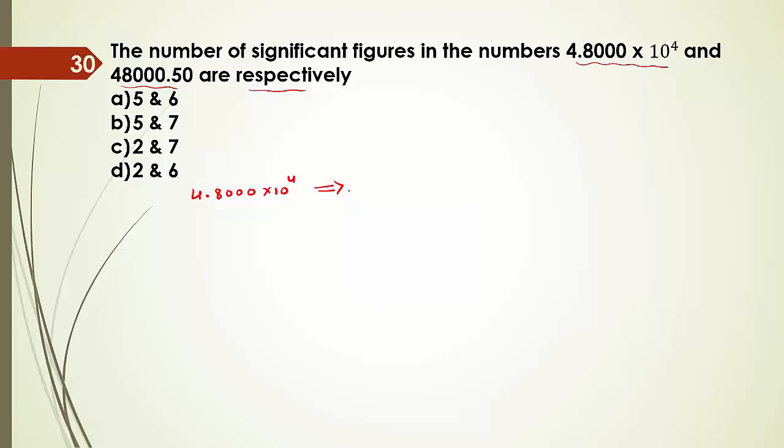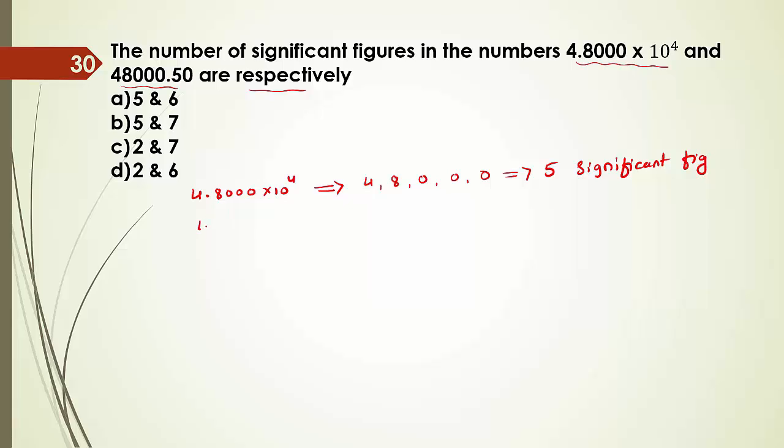Leave it. Remaining is only 4.8000. Remember the rule. The zeros on the left side are not counted. The zeros on the right side are counted if the number has a decimal point. So now we can consider all the zeros. So how many significant figures are there? 4, 8, 0, 0, 0. That means there are 5 significant figures in the first number.